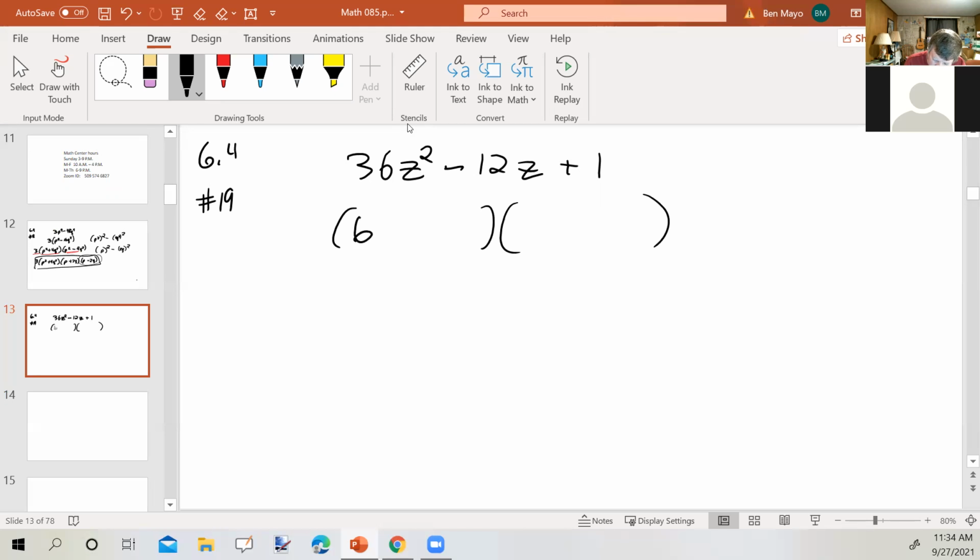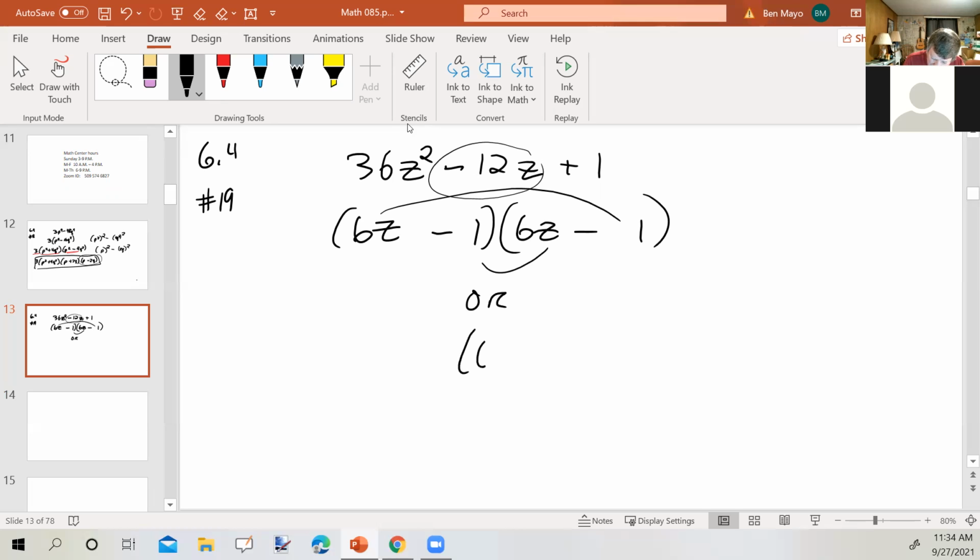36 would have to get broken apart into 6 and 6. Z squared would be a z and a z, and 1 would be a 1 and a 1, but we have to have a minus sign to get minus 12z in the middle. Does that give me minus 12z in the middle? It does. So that's the correct answer, or we could write it as 6z minus 1, the quantity squared.